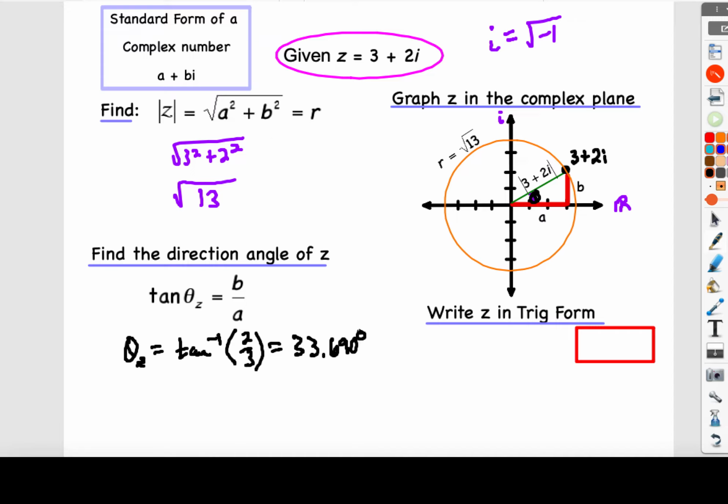So finally, how do we write this in trig form? Again, if you're familiar with vectors, this is going to be a very similar form to that. Let's draw a little line there to separate. Basically, you can just take your radius, your distance here, multiplied by the cosine plus i sine of our angle, with our direction angle mixed in there, right?